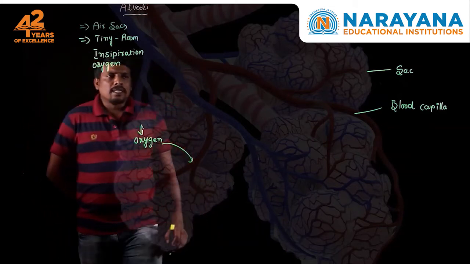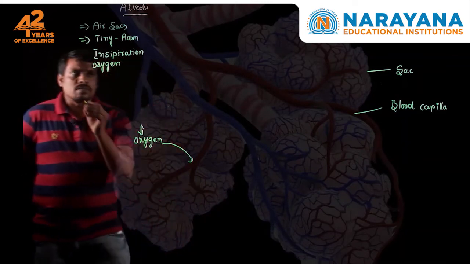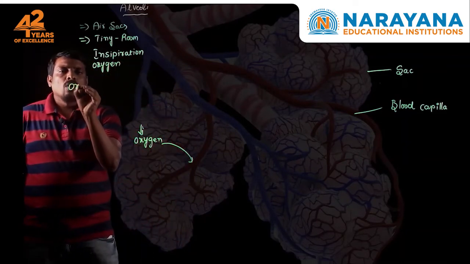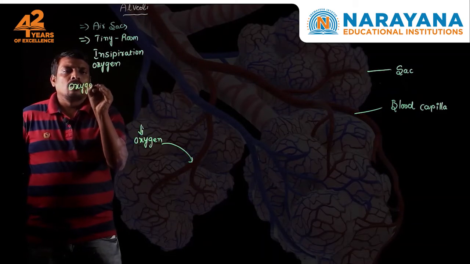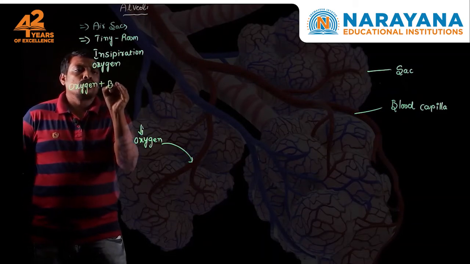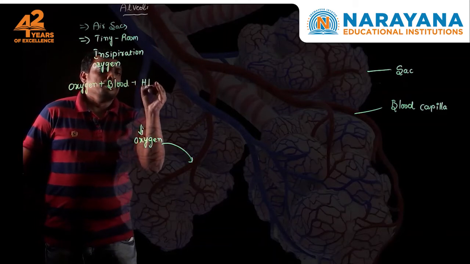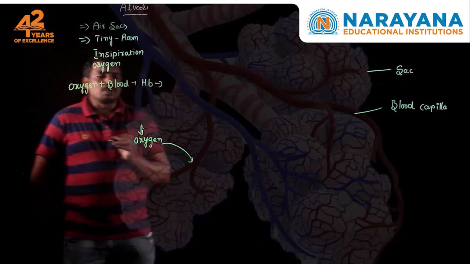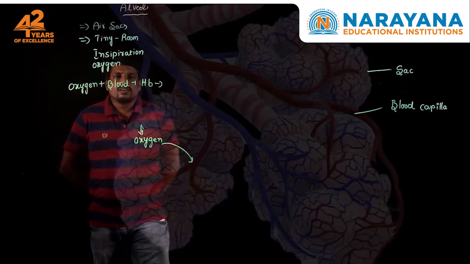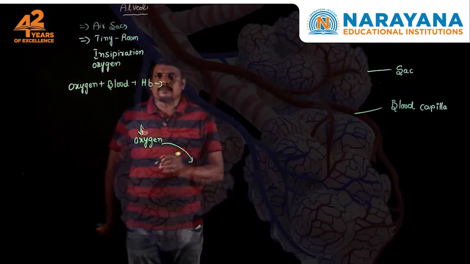So the blood receives this oxygen. As we know, blood contains hemoglobin, which helps in the transportation of gases from one place to another place.